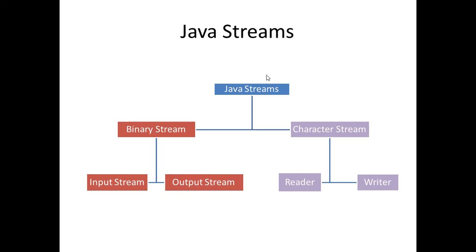If the data flow is in the character form, you have one abstract class as Reader and the other abstract class as Writer. So this is the core hierarchy, how to differentiate the streams, and within the streams which have been differentiated depending on the data type, what is called for reading the data and what is called for writing the data is different based on the data type.